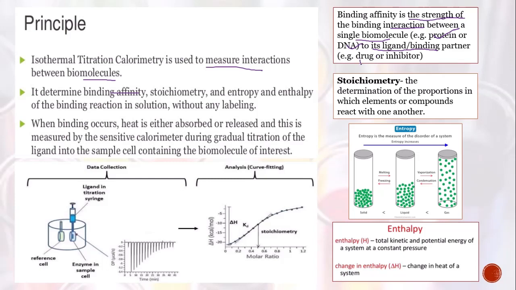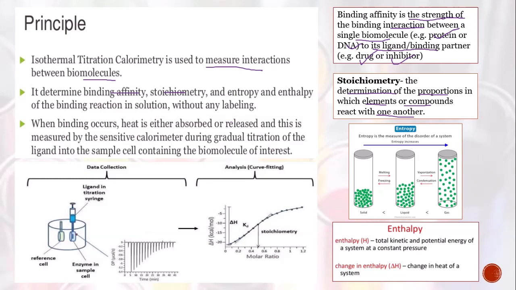For example, maybe it's binding to a drug or inhibitor and others. We can also determine the stoichiometry, and this is the determination of proportions in which the elements and compounds in this biomolecular assay are reacting with each other. In what proportions between the two? How much of the protein is binding to the drug?